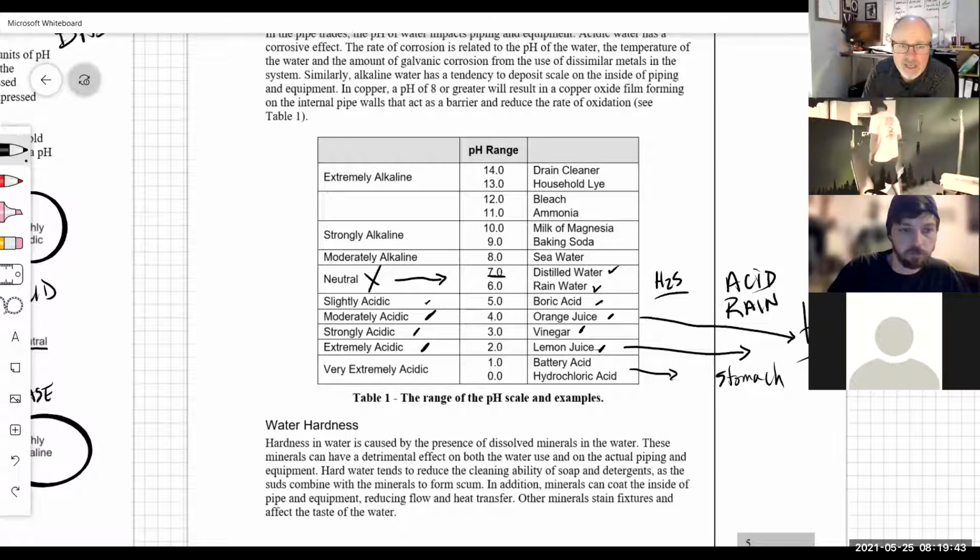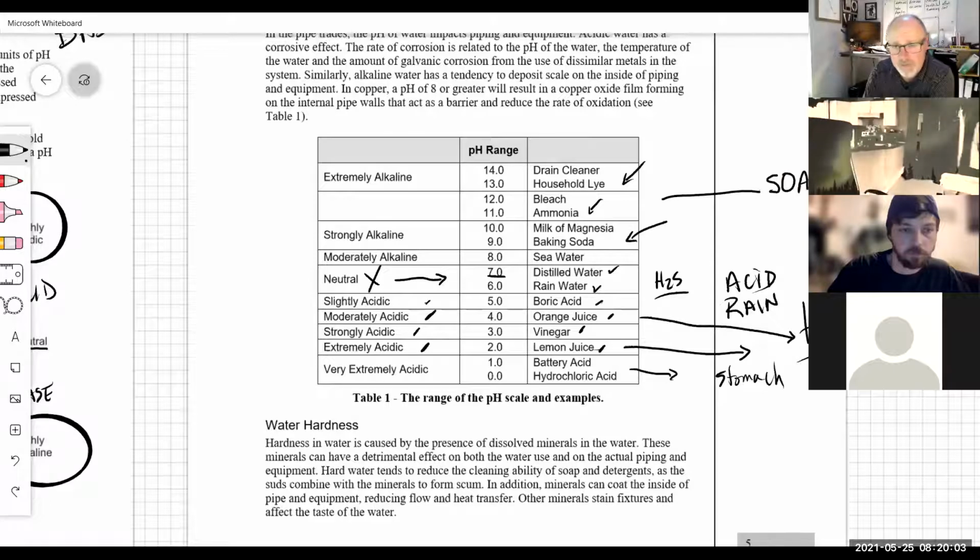And then with fewer hydrogen ions or more hydroxyl ions, you get a base. Baking soda is a strong alkaline, then bleach, ammonia, drain cleaner, and we could also put soap in here as very much a base.